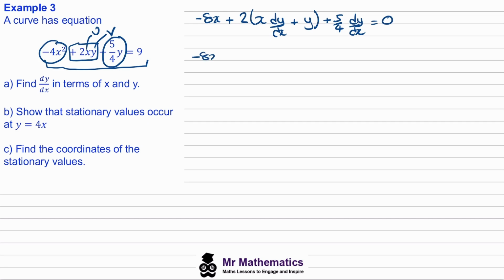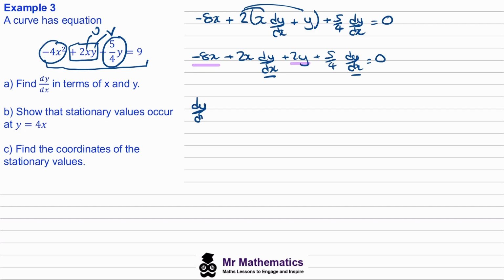So negative 8x plus 2x dy by dx plus the 2y plus 5 over 4 dy by dx will equal 0. We'll factor out the dy by dx and we'll move these terms to the right hand side.